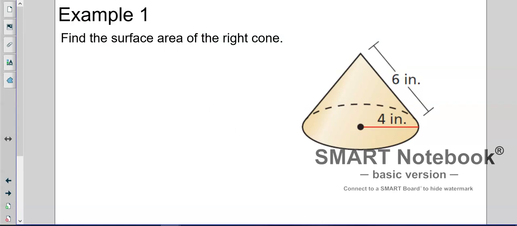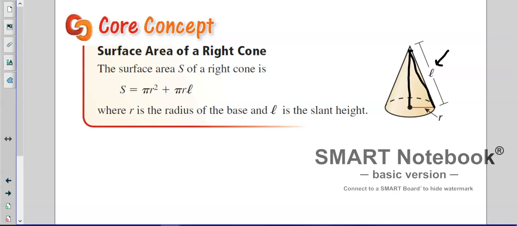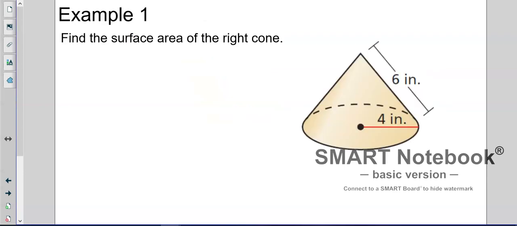So, again, the formula is, I think I kind of breezed past that, but sorry, it's the area of the circle plus the area of the wraparound, the cone part, pi RL. So area is going to be pi r squared, that's 4 squared, plus pi RL.